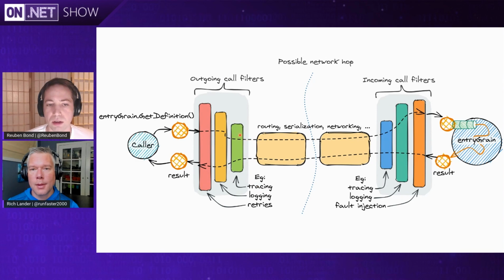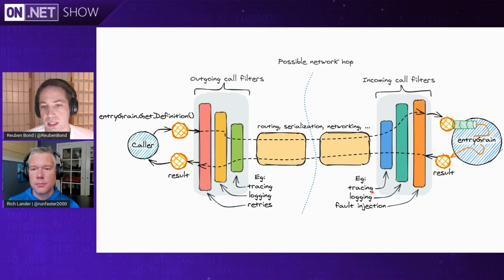And then that'll invoke the next thing, which happens to be all of the plumbing that connects your caller and your grain together in Orleans. That includes things like routing and serialization and networking. It might end up doing a network hop if this thing is not on the same machine as this one. But anyway, it gets to the other side, and then it'll call the incoming call filters.